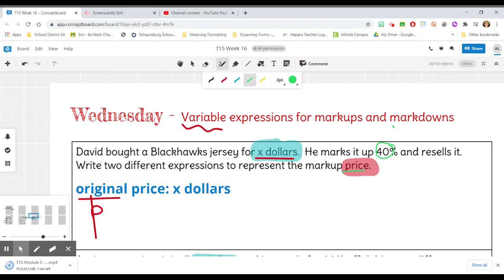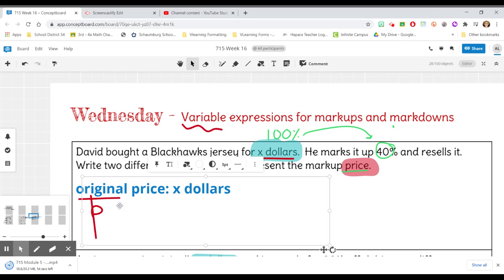Okay, we don't know what the price is, but we know that if it's being marked up, we're going to want to resell it for not only the 100% of what it costs plus 40%, so that David can get his money back. So he's going to mark this up for 100% plus 40%. So there's two different ways to think of this example.